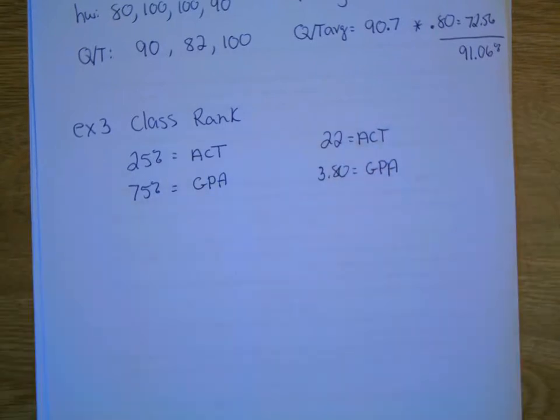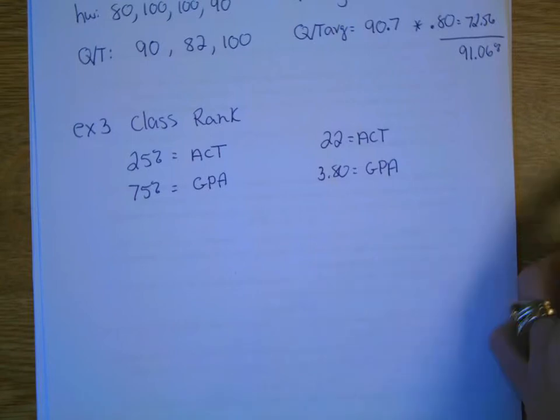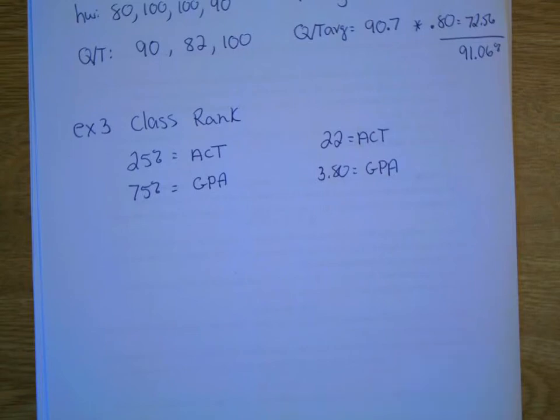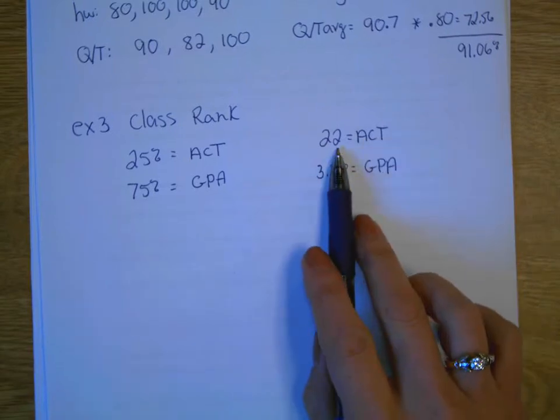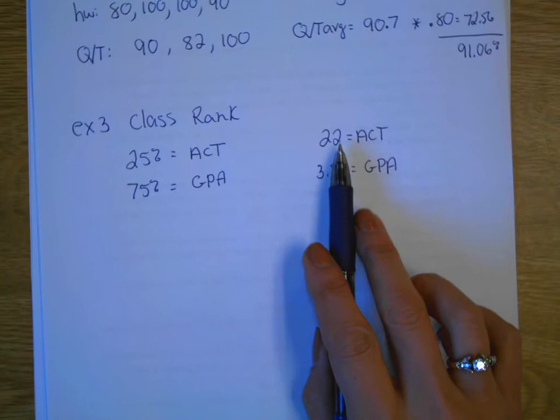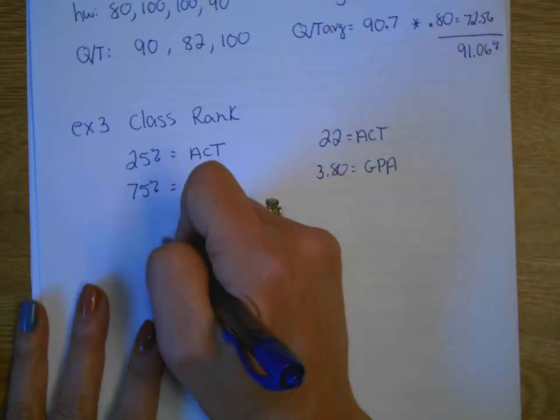Okay. I need the average for each category or score. These are not averages, these are actually raw scores. How can I turn those scores into averages? What do you get a 22 out of? 36. So I need to get an ACT average.